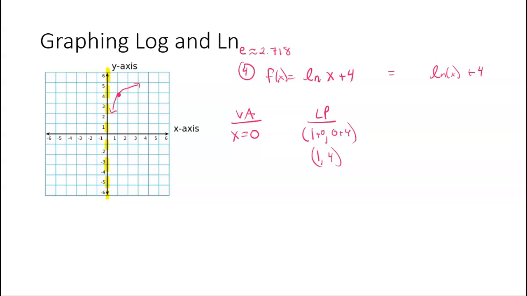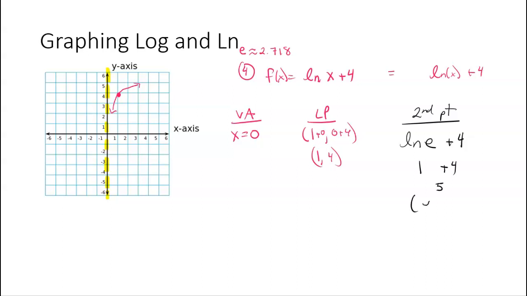Okay, now if we really wanted to find a second point on this, the easiest number to plug in is the letter e. So if I wanted to do a second point, I would say the natural log of e plus 4. Well, what is the natural log of e? Well, e to the power of what gives you e? This is 1. And 1 plus 4 gives you 5.